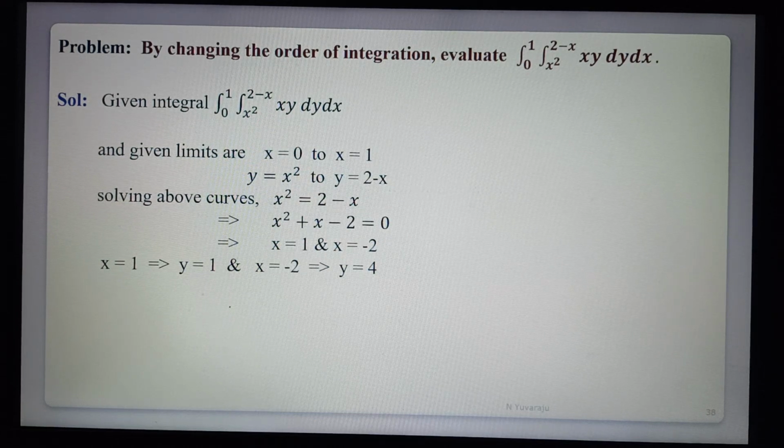But minus 2, 4 is not taken, because the region of integration is only in the first quadrant, as the x limit is 0 to 1, the right side only, from x is equal to 0 to x is equal to 1. So we choose only the point 1, 1, and 0, 0.